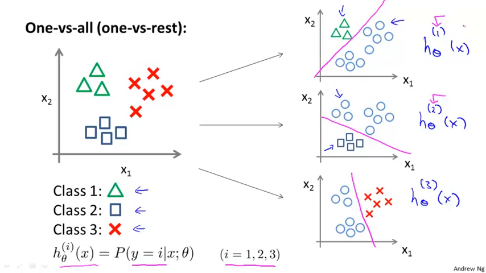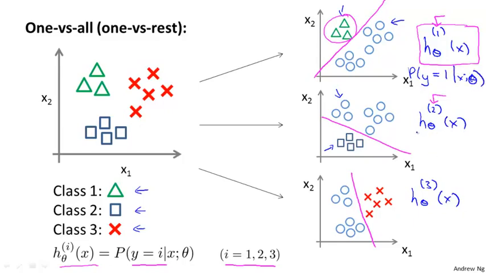So in the first instance, for this first one up here, this classifier was learning to recognize the triangles. So it's thinking of the triangles as a positive class. So h superscript 1 is essentially trying to estimate what is the probability that y is equal to 1 given x and parameterized by theta.